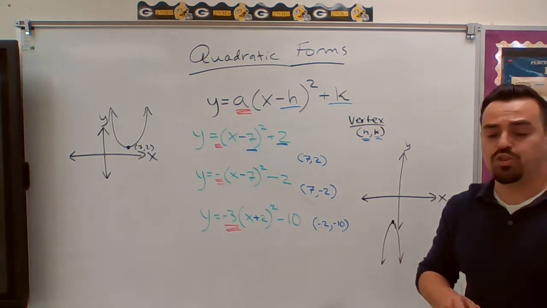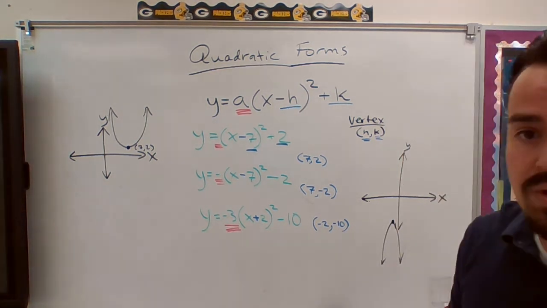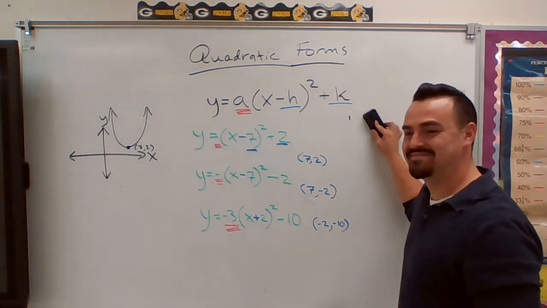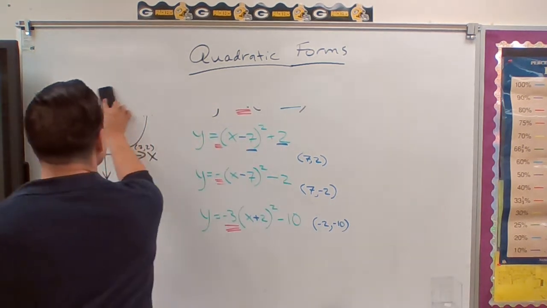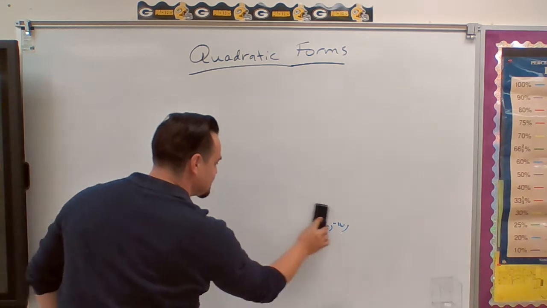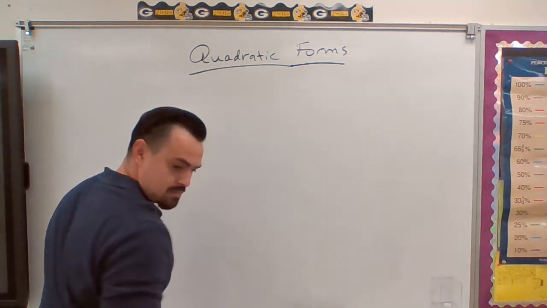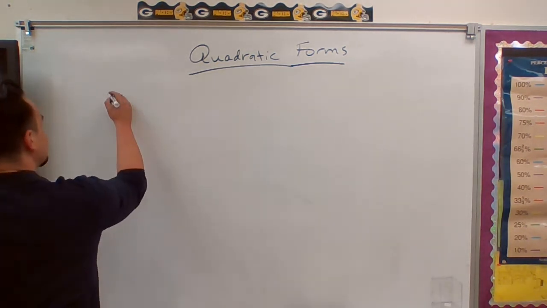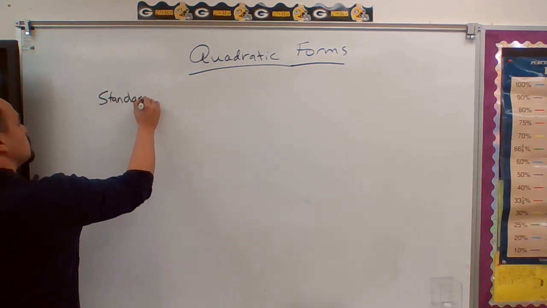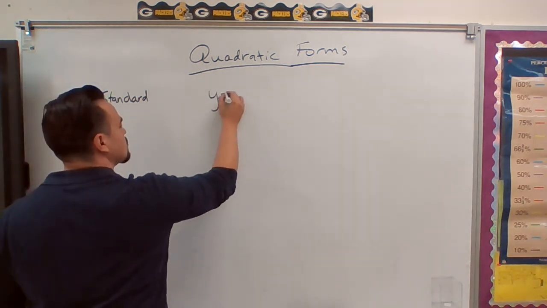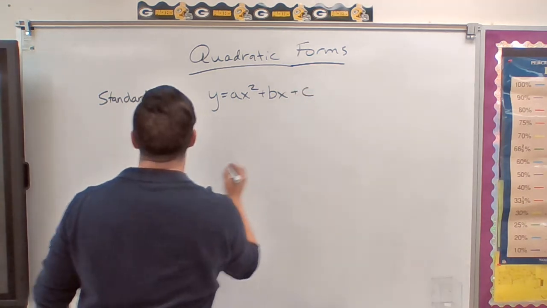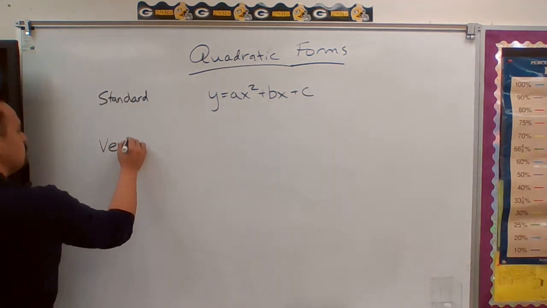So those were the three different forms. I'm going to put them all up on the board now. You have your standard form for a quadratic: ax squared plus bx plus c. You have your vertex form.